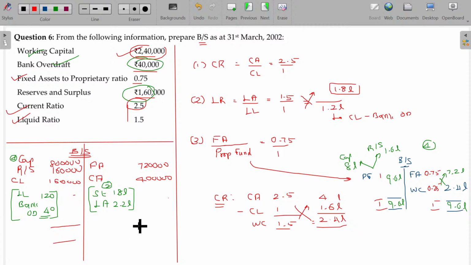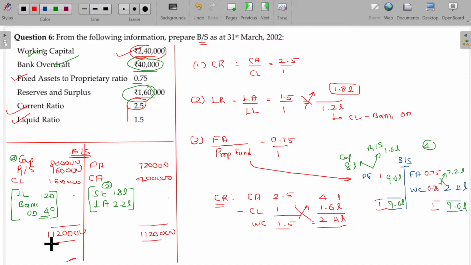If I total, then the balance being 11 lakhs 20. 11 lakhs 20. Clear? In case of decoding from the ratios, you first write the ratios and whatever available information, feed it and get the rest easily. Is that okay?